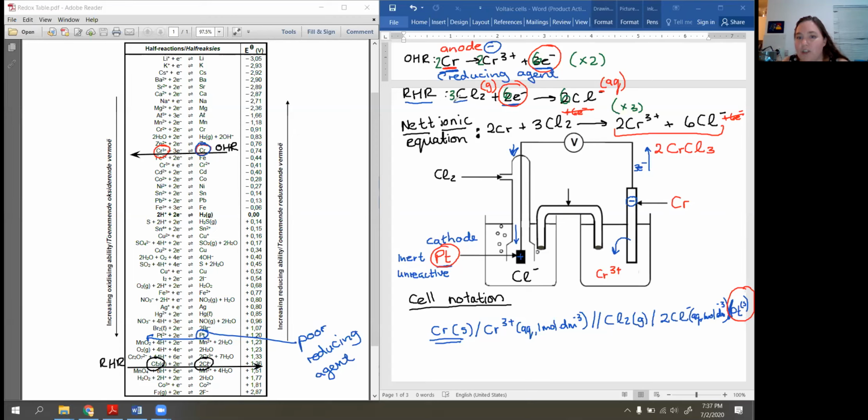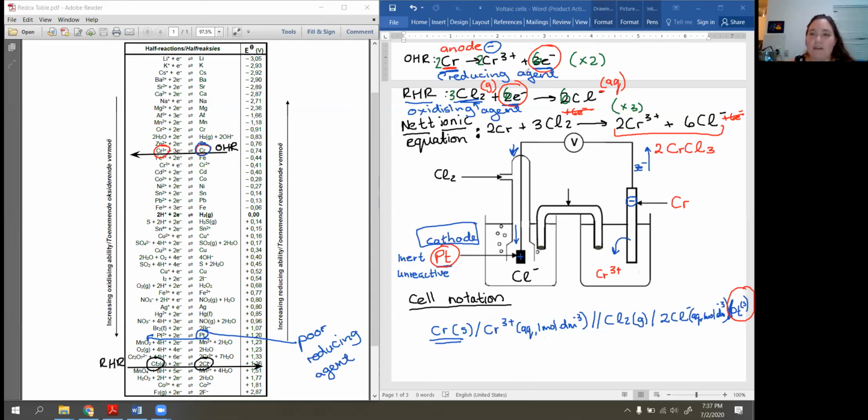It's not going to change the fact that this is my oxidizing agent. So it doesn't suddenly become the oxidizing or reducing agent. The only thing that it will be is one of my electrodes, and when I write my cell notation, I need to write it at the end. It is also not going to change the Etheta cell.